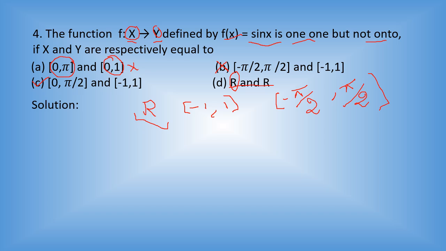So there exist some elements of the range set that have no pre-image, but it is 1-1. So the option is option C.